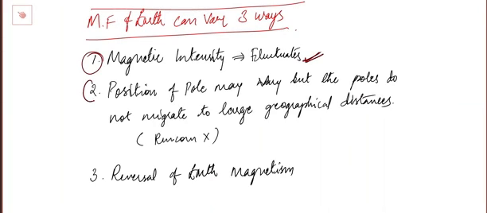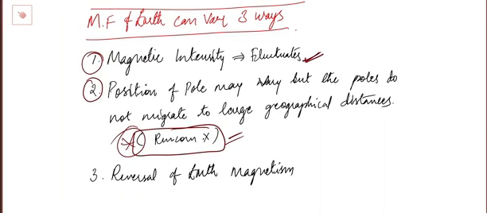The next is the position of the poles may vary, but the poles do not migrate to large geographical distances. So the postulation or theory made by Runcorn is incorrect, as I said we would discuss later.